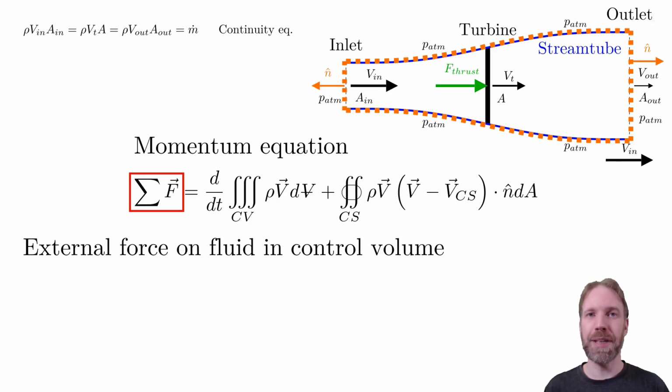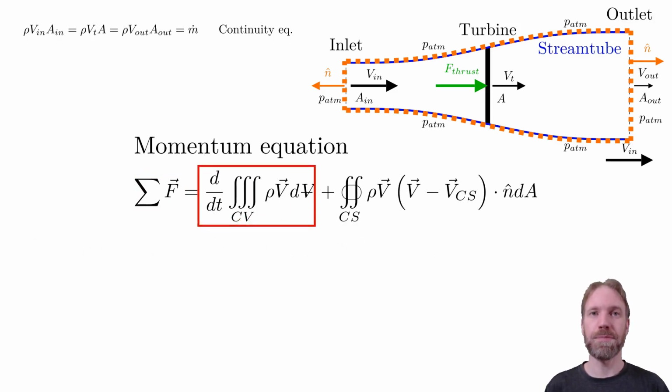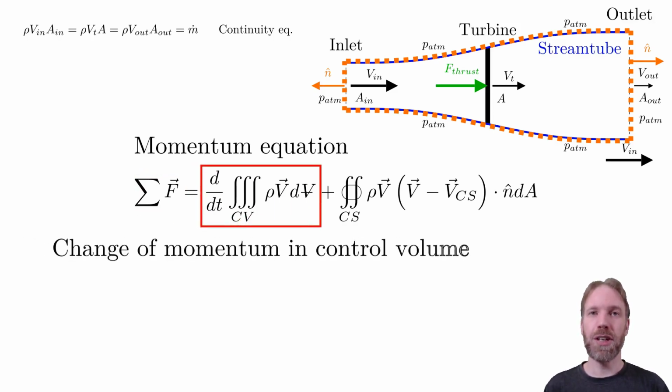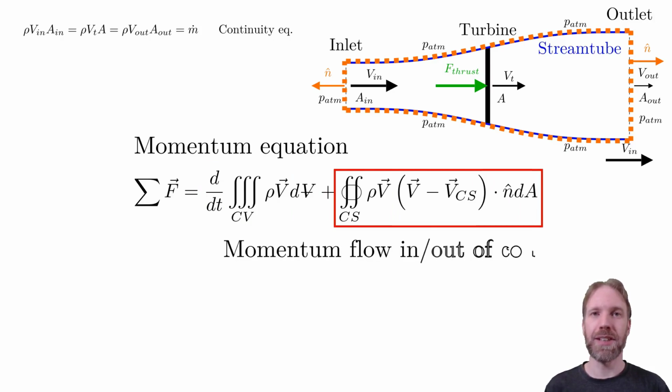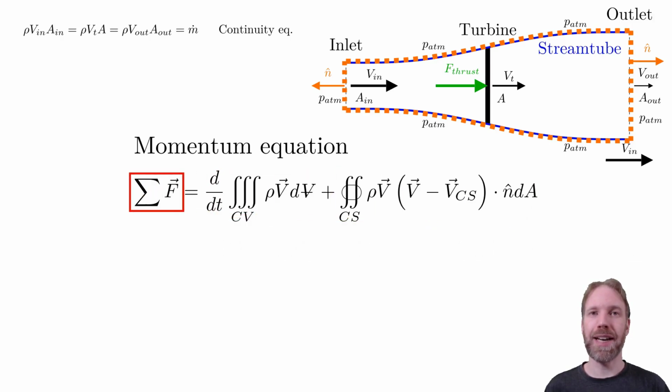However, gravity can be neglected for wind turbines, and since we neglect all losses, we will not have any shear forces, as those are associated to friction forces in the fluid. Therefore, we only need to care about pressure and the turbine. The volume integral represents the change of momentum in the control volume, and the surface integral represents the momentum flow through its walls. Let's start by analyzing the pressure forces.